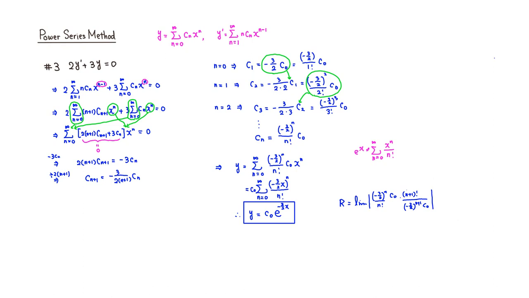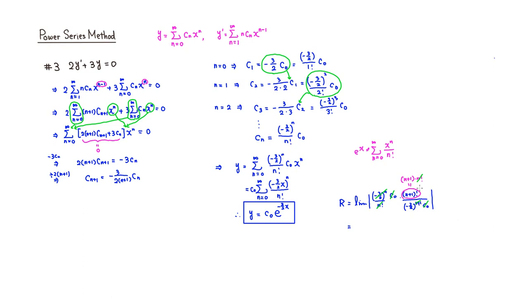All right, so we can simplify. C0 on top and C0 on the bottom cancel out. Negative 3 over 2 to the n cancels with this, and you have one factor left over here. Remember that n plus 1 factorial is the same thing as n plus 1 times n factorial, so we can cancel n factorial here and n factorial there. What you get is a number, negative 3 over 2, on the bottom, which is the same as negative 3 halves.